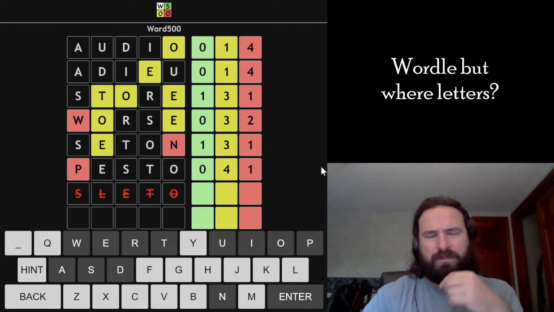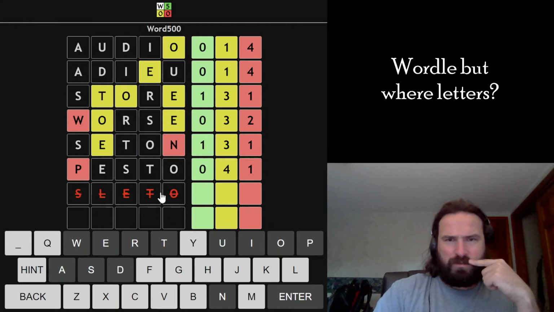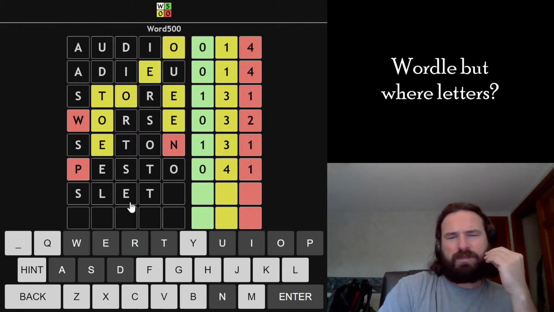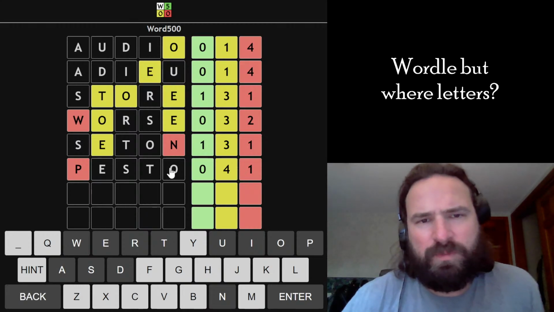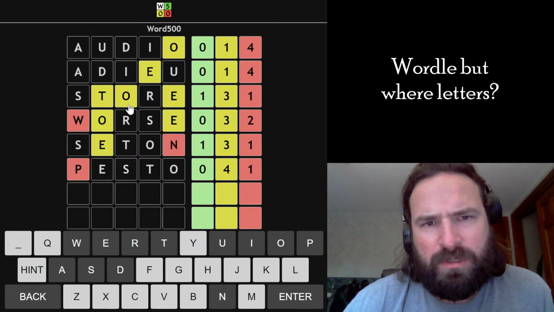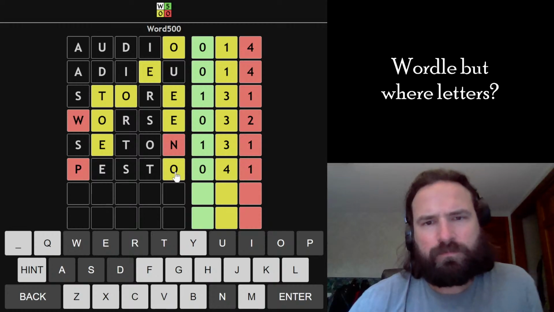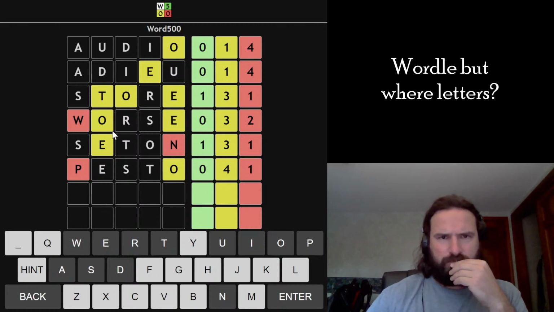Slido? I think this works. No, it doesn't, because of the last guess. Okay, so it can't end in O. So O is probably pretty limited at this point, too. O can't go there. O can't go here. And by there, I mean second. O can't go second. Oh, I already knew O couldn't go last because of audio.